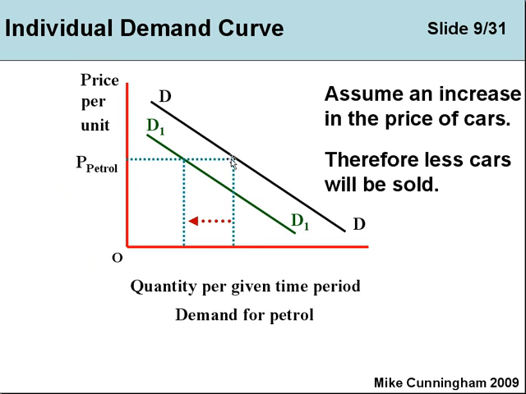But now, because the price of cars has gone up, there are less cars on the road. That means at the going price, less petrol will be sold because there are less cars. So, as the price of cars increases, the demand for petrol falls. So the two goods are related.